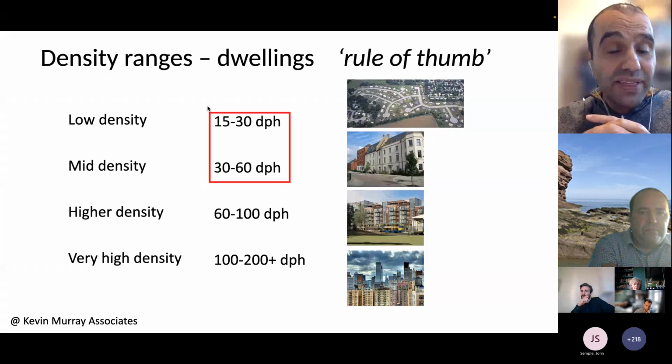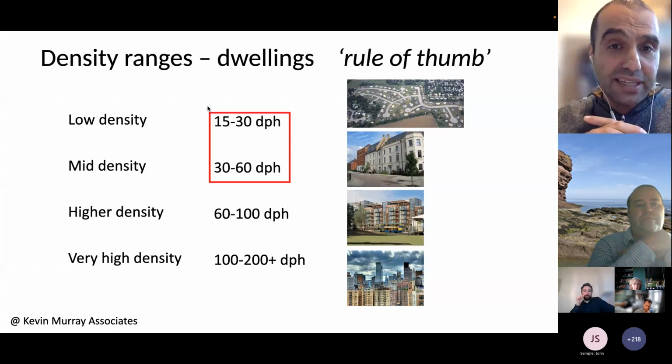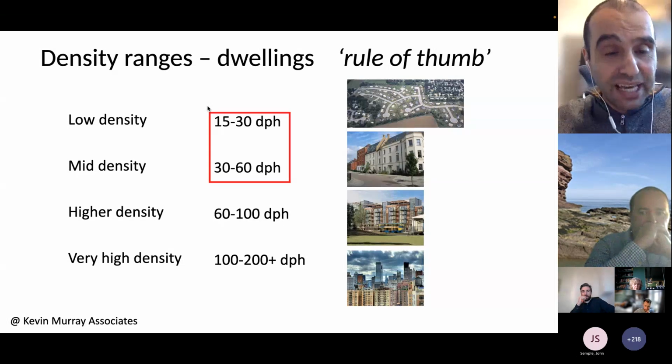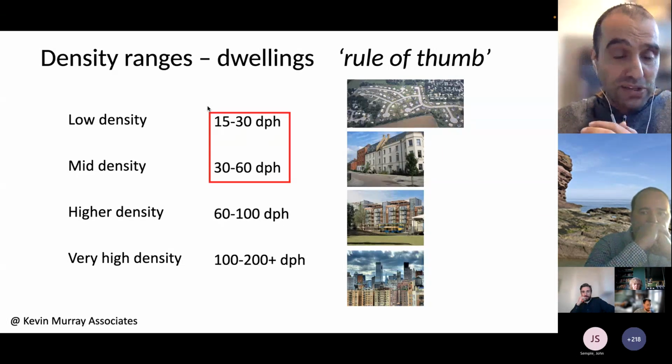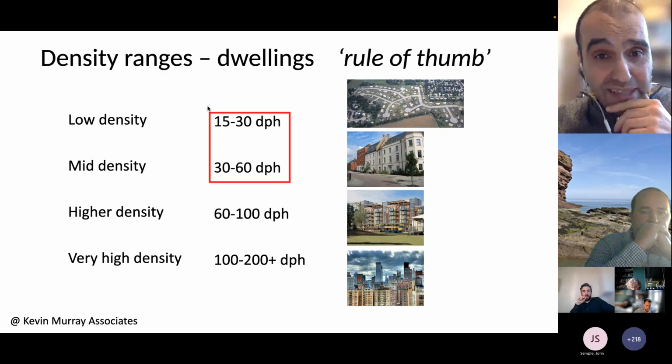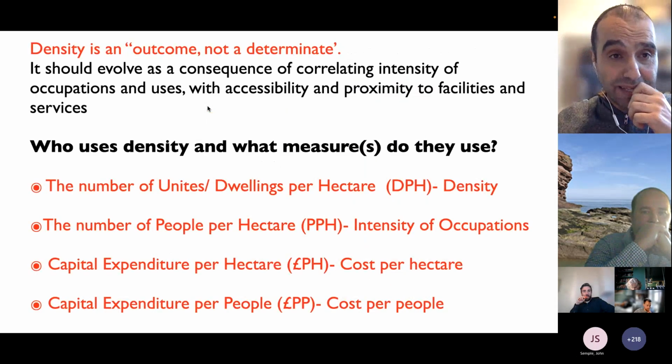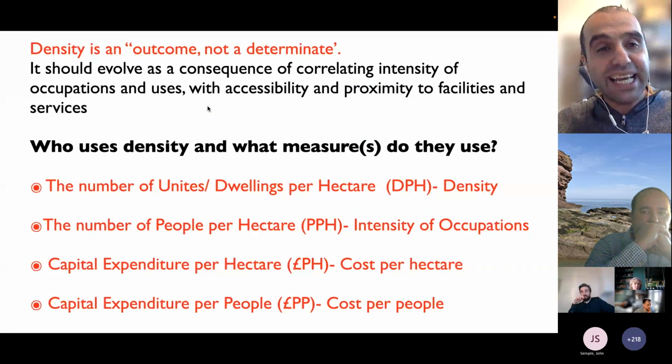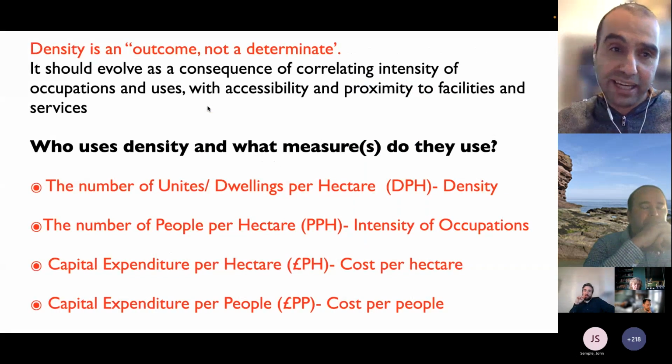That's very low, and that will not create the critical mass we need to support facilities, services, amenities, bus stops, and so on. We really need to start moving beyond that average, start talking about 30, 34. But this doesn't mean creating crowded spaces, because to me, density is an outcome, not a determinant.